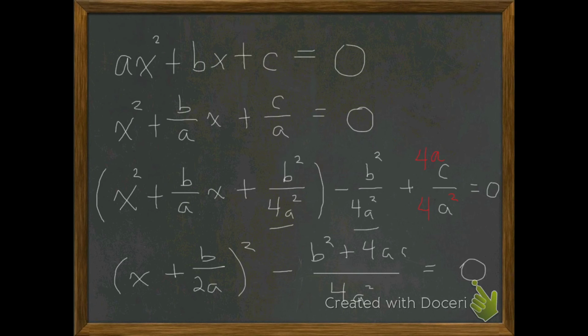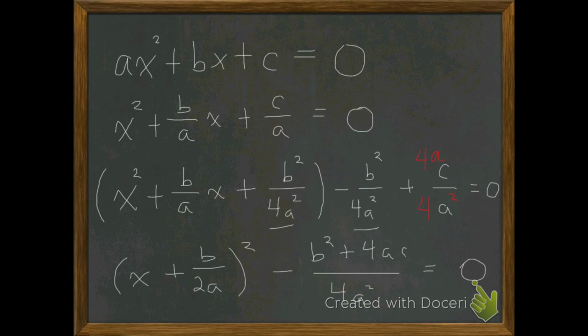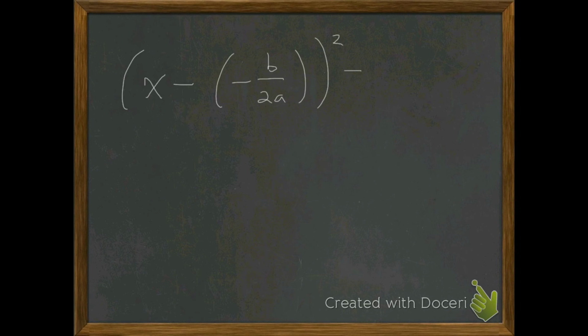Now we know that when we get in this form right here, the vertex of our polynomial is going to be in this form.